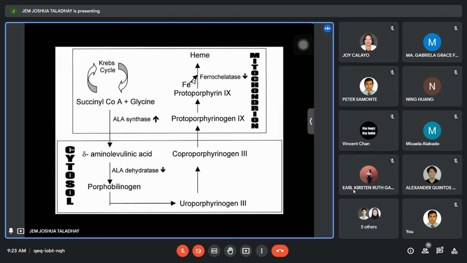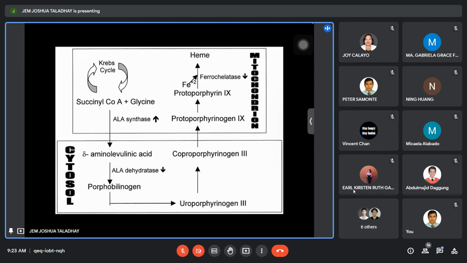Succinyl-CoA and glycine, which are products of Krebs cycle, are combined by the ALA synthase to form aminolevulinic acid. So this aminolevulinic acid will go outside the mitochondria into the cytosol. So it would be acted upon, it would be dehydrated by the ALA dehydrase to form the porphobilinogen.